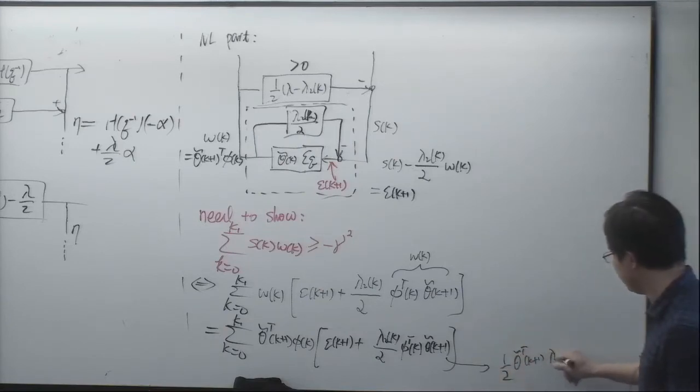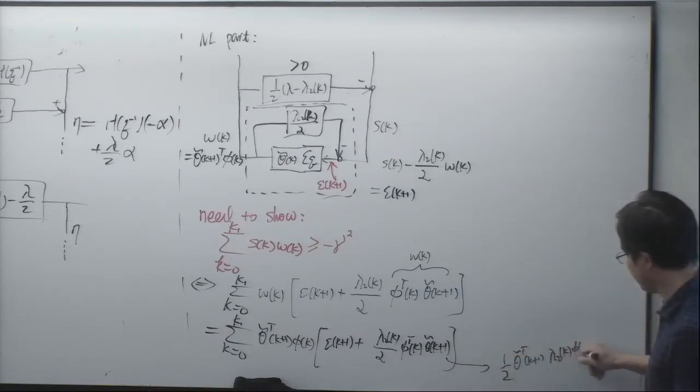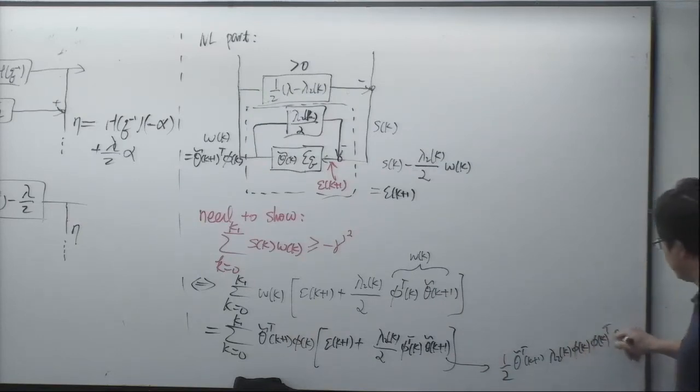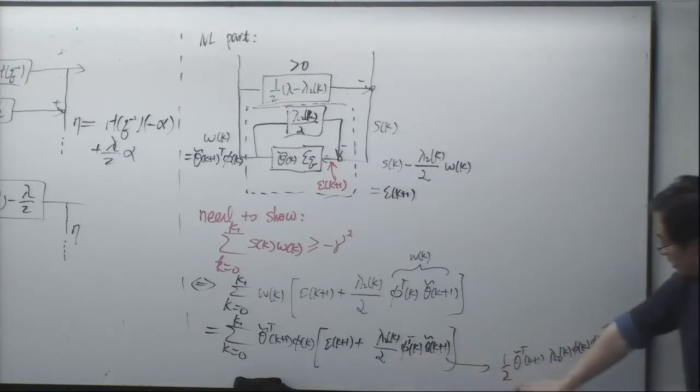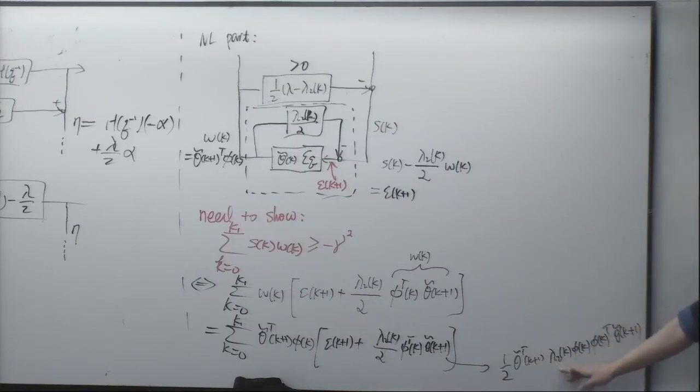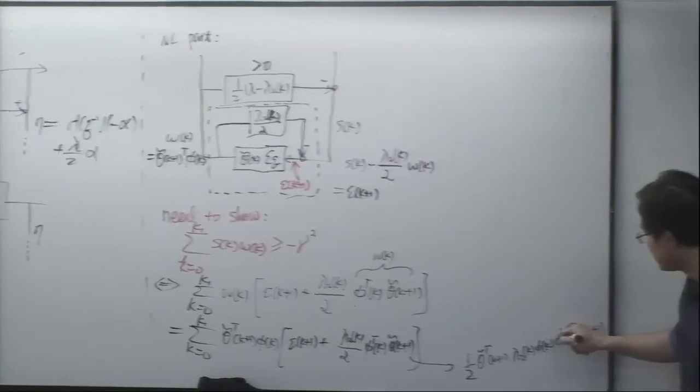Half. I'm changing the order of terms a little bit. But the product is going to give us something in the end. Theta tilde k plus 1 times lambda 2k, this phi and phi transpose term.